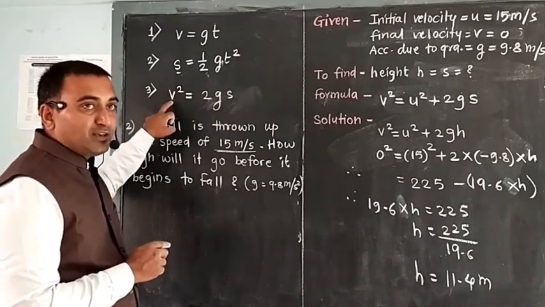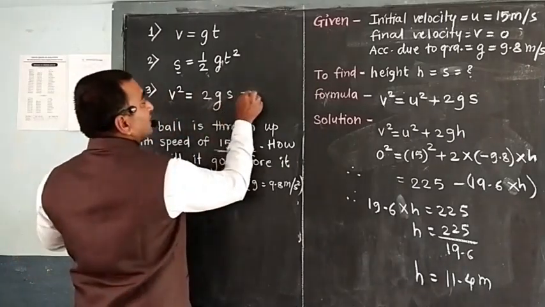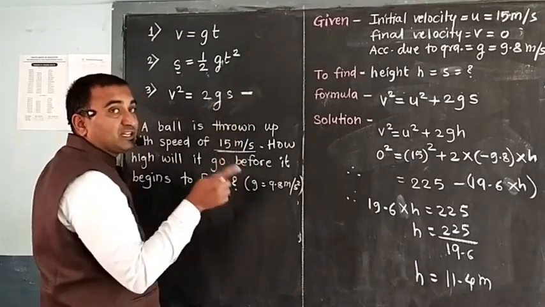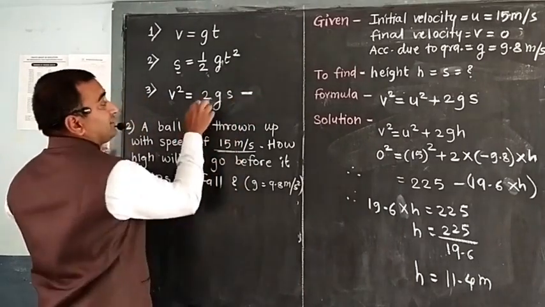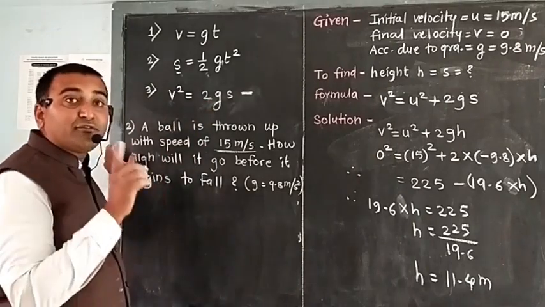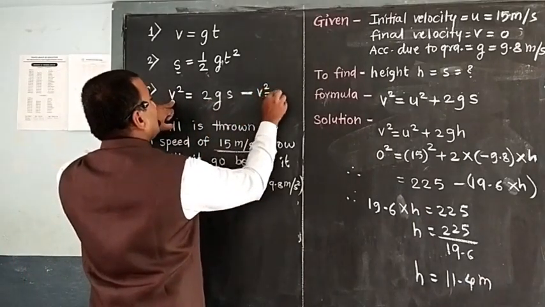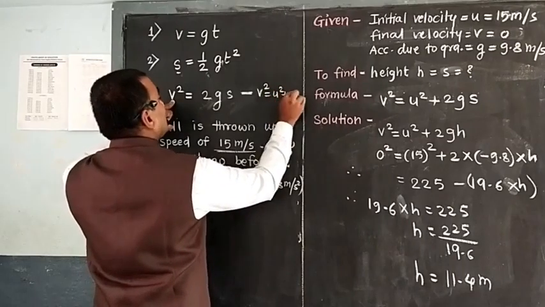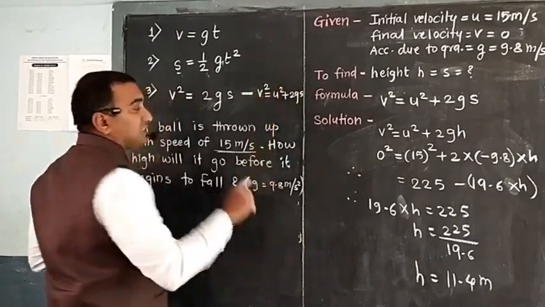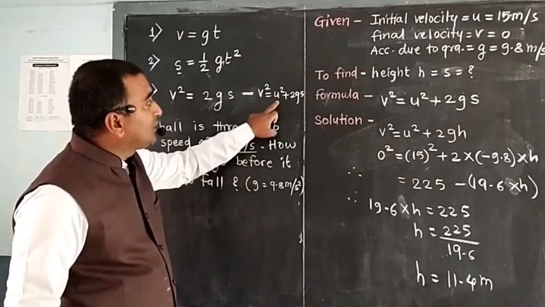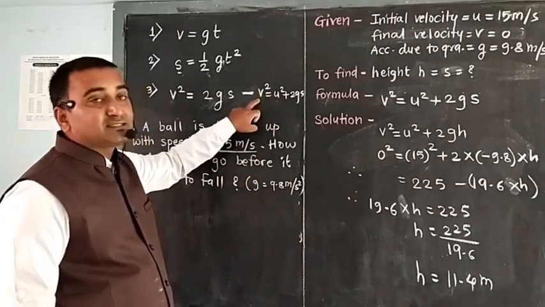Final velocity 0 we have. But here we should use the original formula because free fall is not there. These equations are only for free fall. And this original equation is v squared is equal to u squared plus 2gs. Now u is 15 and v is 0.